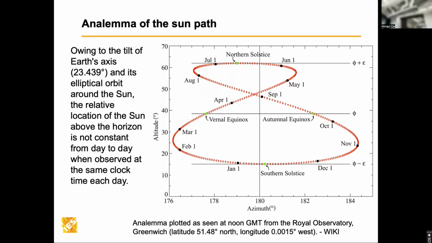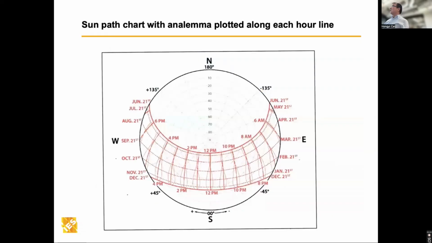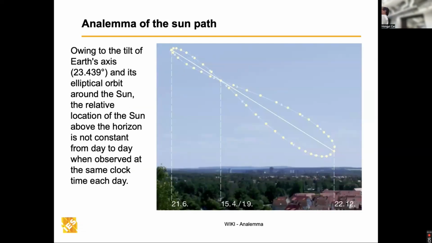Make sense? So this explains, for a sun-path chart like this, you see the analemma curve for that specific time on different days. And this slide explains how the sun position changes across the whole year at exactly the same time.